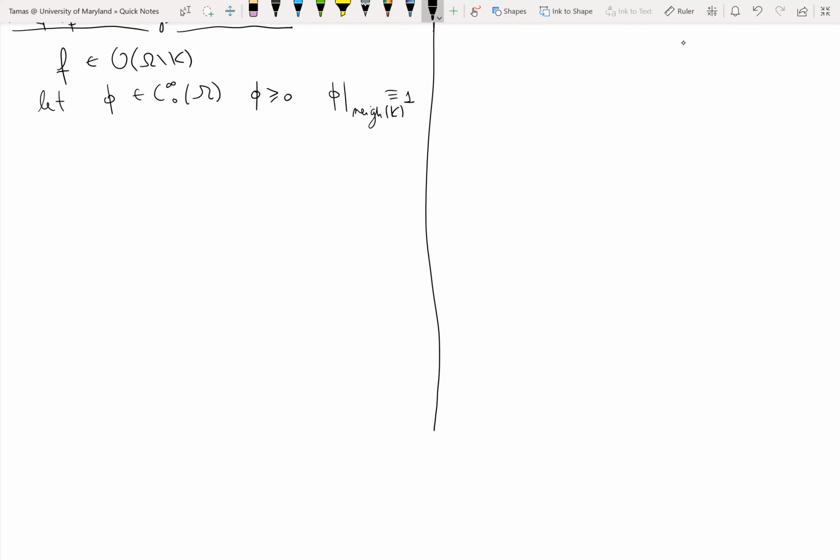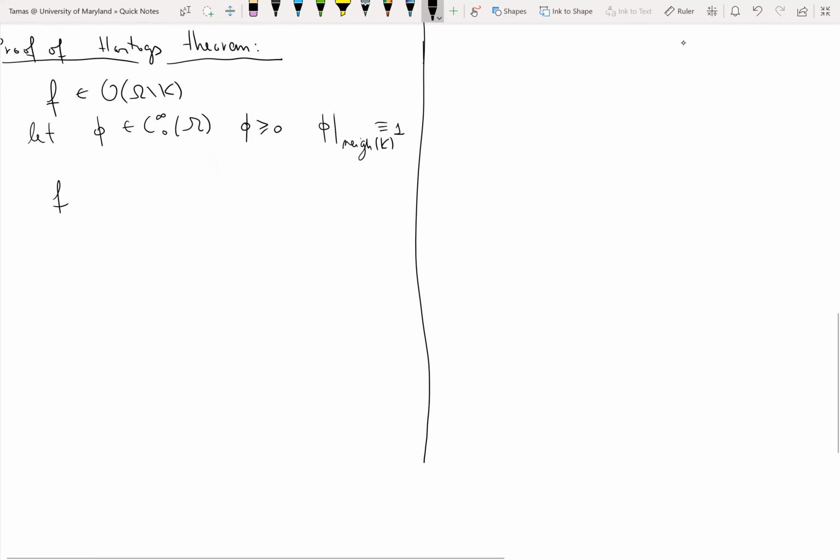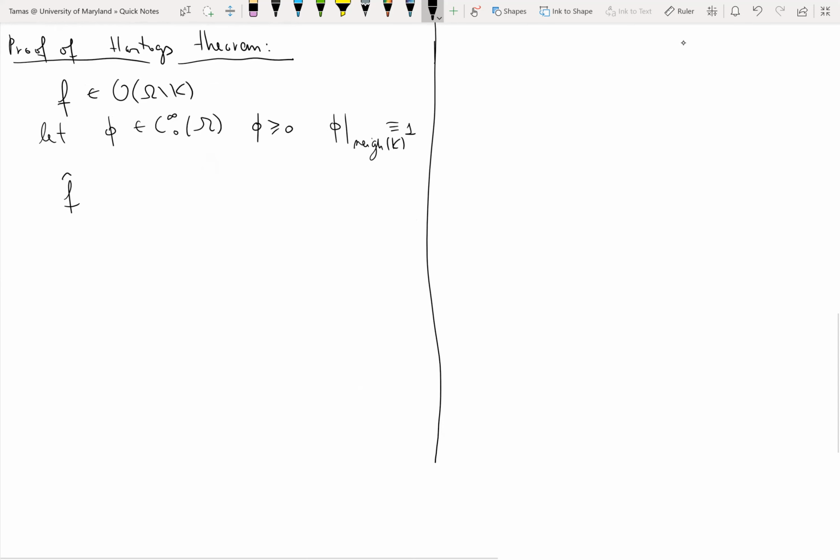All right, so now make this function f tilde, which is defined as follows. It's 1 minus phi times f.